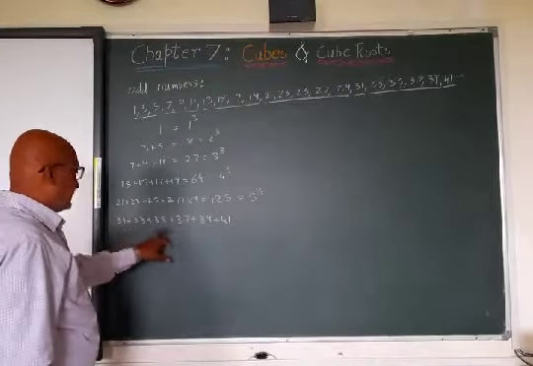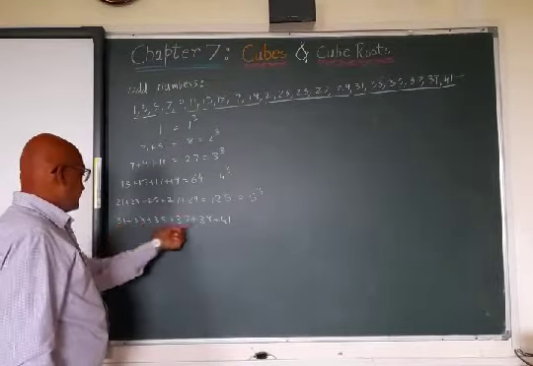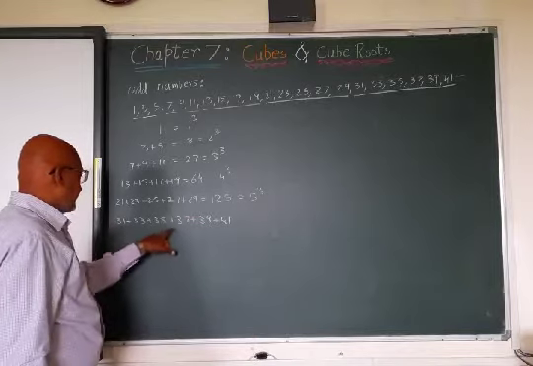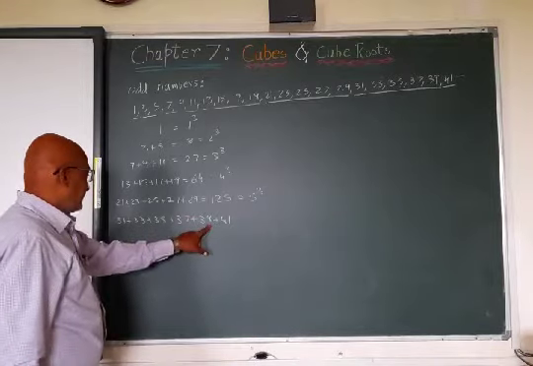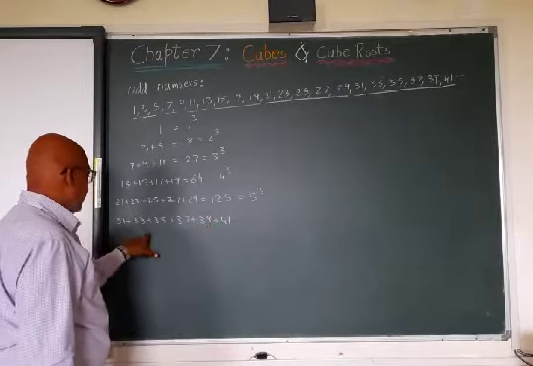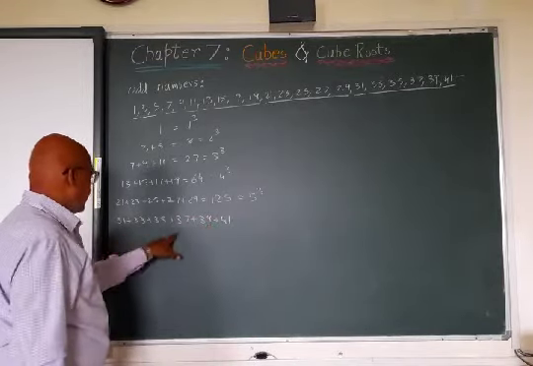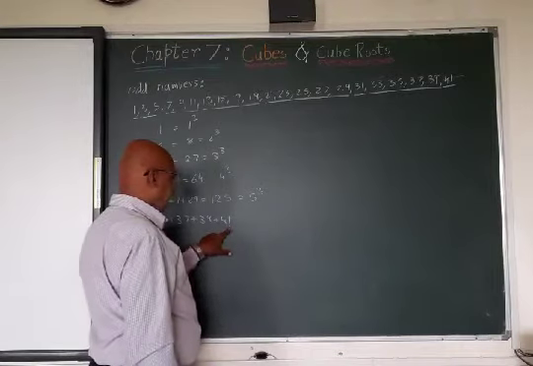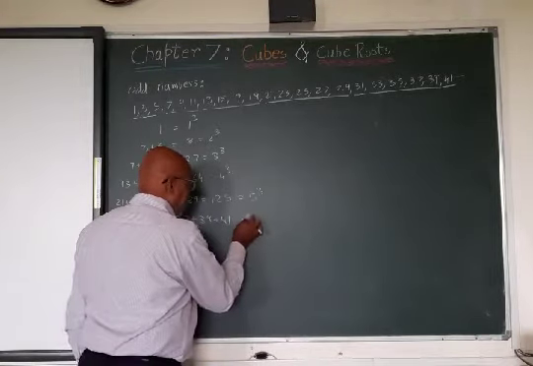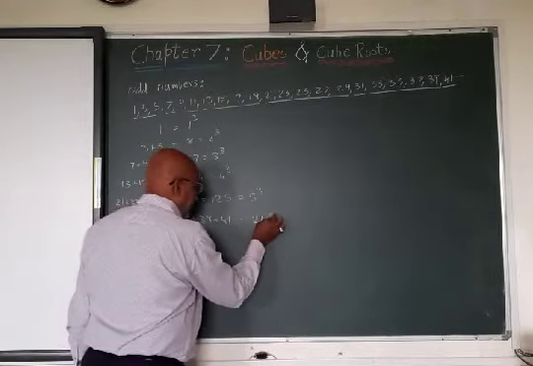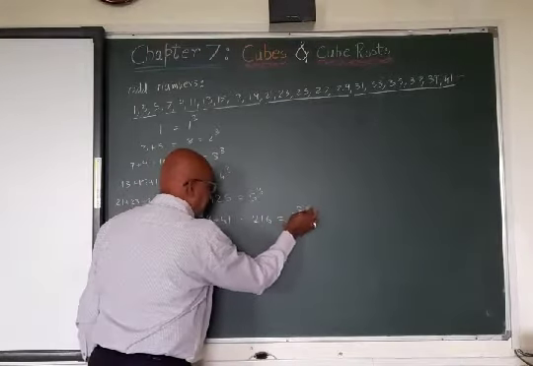Now these are 6 numbers. Out of these, 5 130s, 3 5s are 15, 150, 160, 170, 175, 176 and 40, 216, which is nothing but 6 cube.